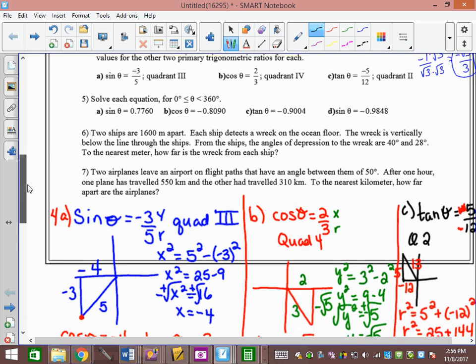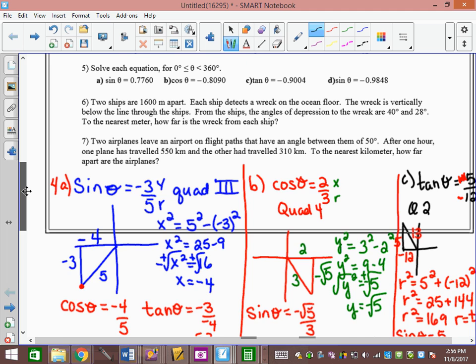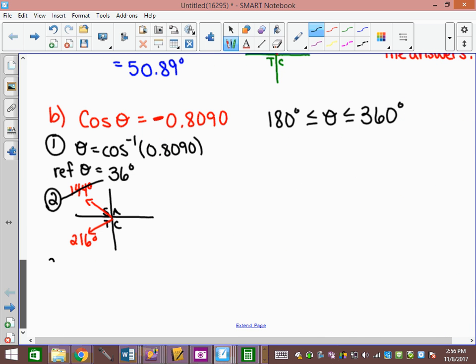C is tan theta equals negative 0.9004. Try this one out, please.